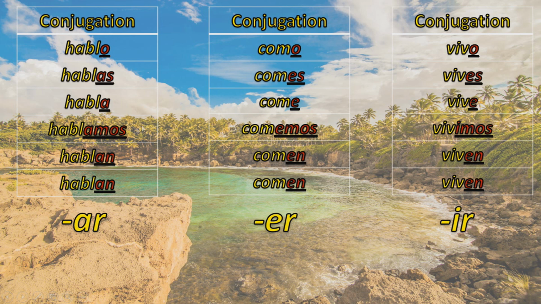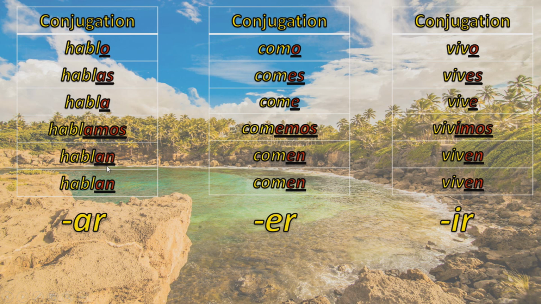In this case, with nosotros or nosotras, it's a little more difficult because we have to remember three different endings: AMOS, EMOS, and finally IMOS. This is a little more difficult. But for ustedes, ellos, or ellas, I replace the ending AR with the ending AN.